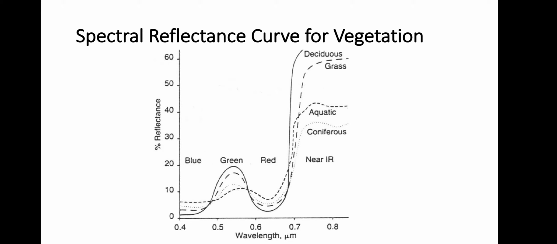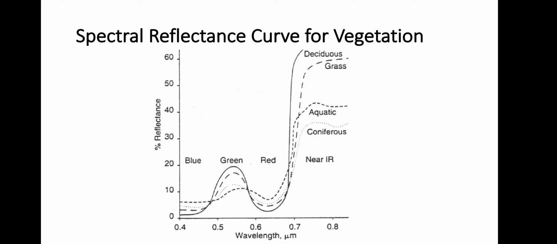And you can see the curvature for different types of plants, for example, deciduous plant, grass, aquatic plant, coniferous plant. You can clearly see different features in a particular vegetation. This particular graph shows a healthy vegetation in the visible and near infrared wavebands.